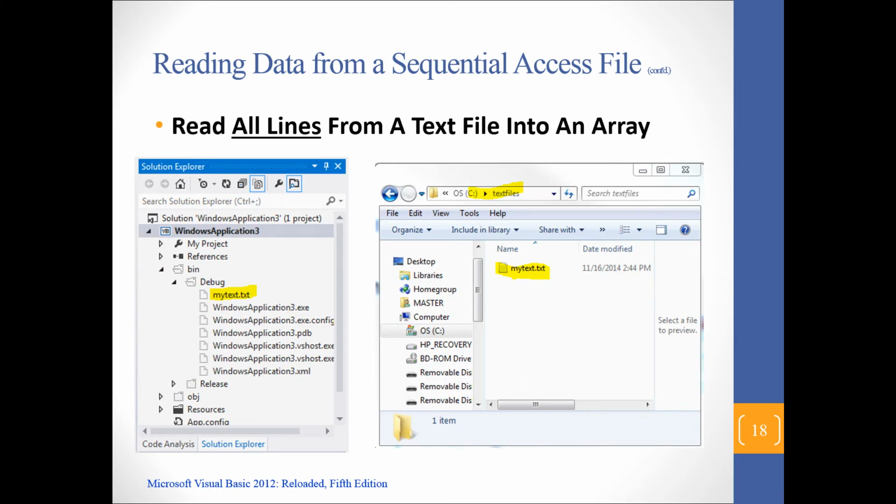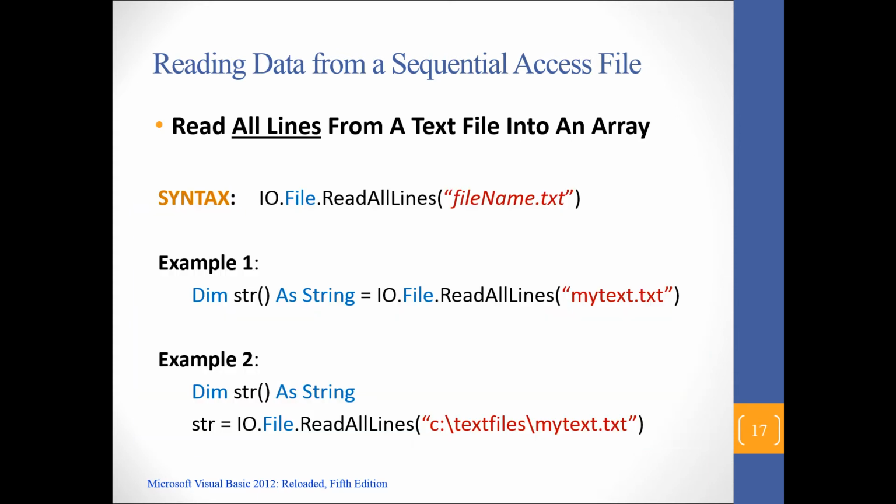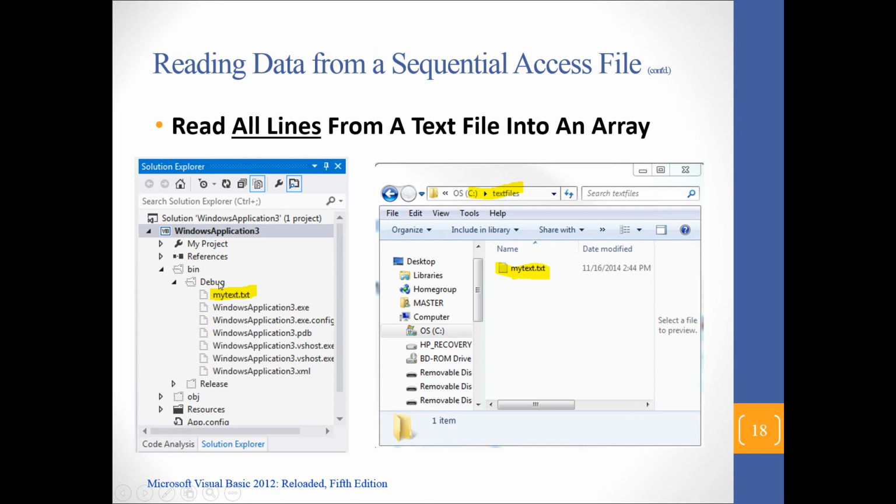Okay, so here's an example of where the text file is located. If you don't specify the location, like option 1 here, and just put the name of your text file inside the parentheses, then this text file has to reside inside the folder called debug, which is inside the bin folder, which is inside your project folder.